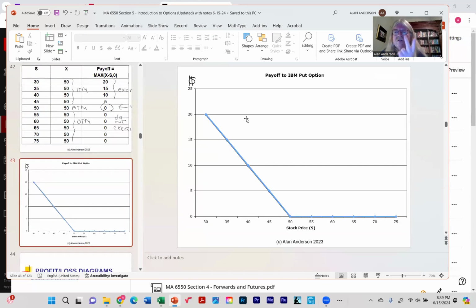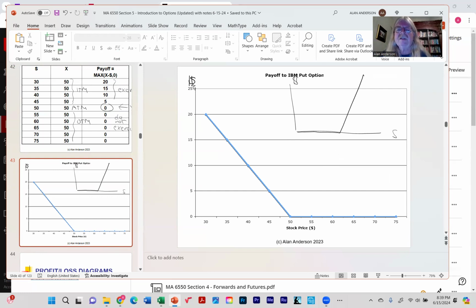Well, it's reversed from left to right. In other words, remember with the call, you just imagine that we're flipping it around from left to right. They're symmetrical from left to right.